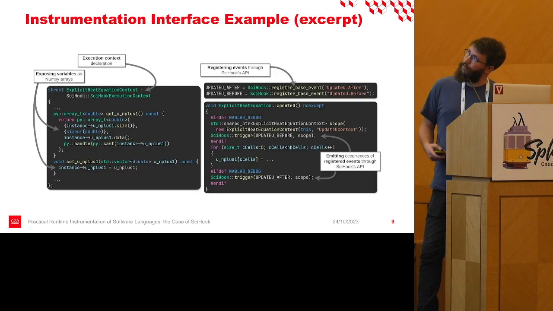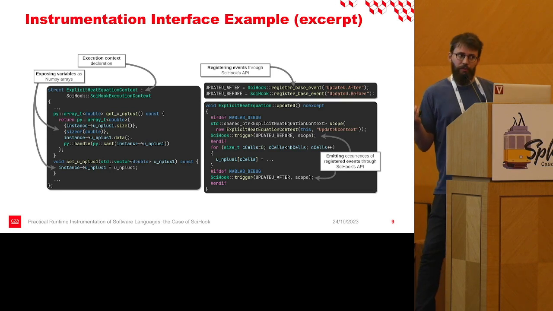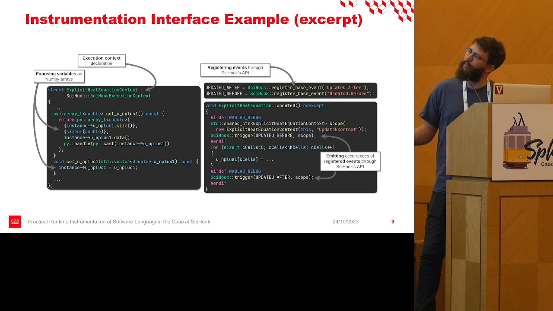So here is an example, an excerpt of a generated instrumentation interface for a C++ application generated with NabLab. The actual application code is here. And here we can see that we have a loop that will update this un+1 variable on each cell of the domain.